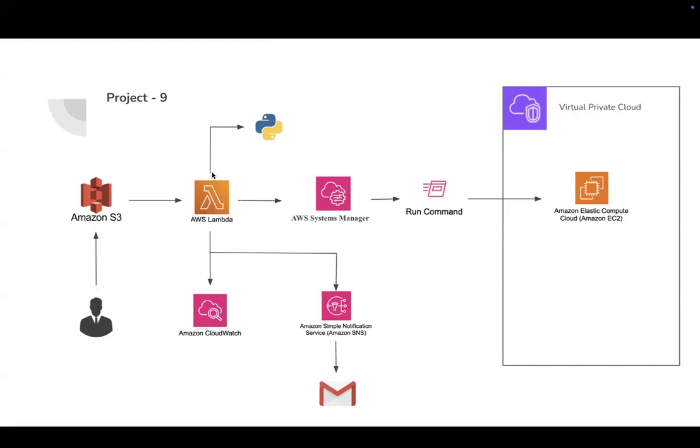The Lambda function utilizes the Python code that we have here and sends the notification. These files are sent to the Systems Manager Run Command, and Run Command pushes these files to the AWS EC2 machine, so that the newly created application pushed to S3 will be deployed to the EC2 machines.